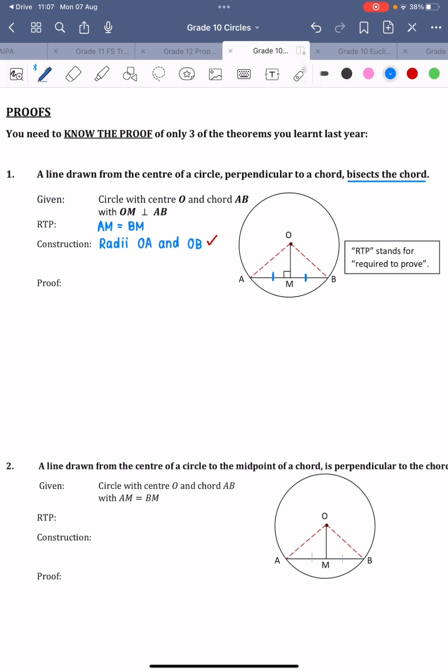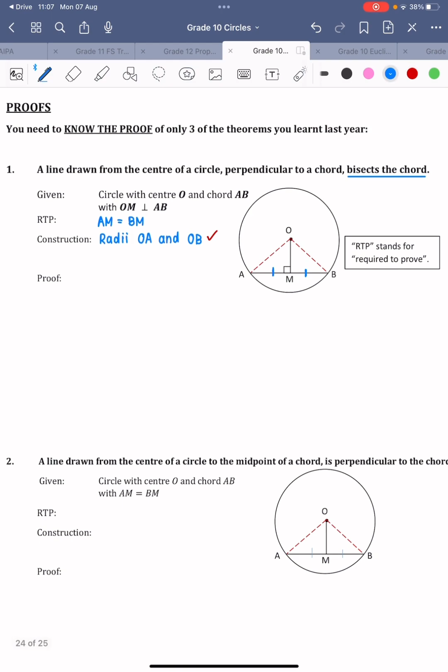Alright, now guys, what we're going to do here is we are going to remember when we did Euclidean Geometry and we worked with congruency, congruent triangles, right? We are going to prove that these two triangles are congruent, because if they are, then that means that all their sides and all their angles are equal, right? So guys, OA and OB, those are radii of the circle, so they're equal to each other, right? Yes? We have a 90-degree angle there.